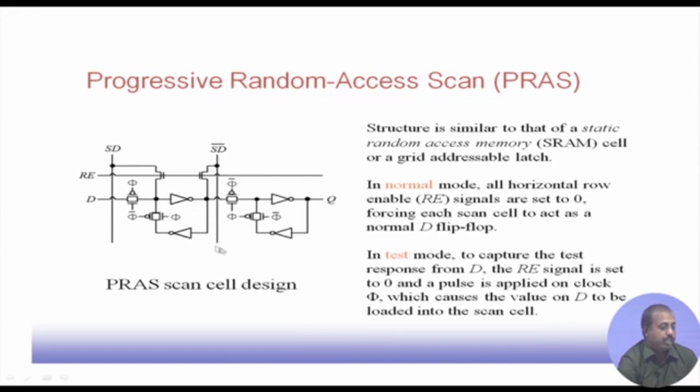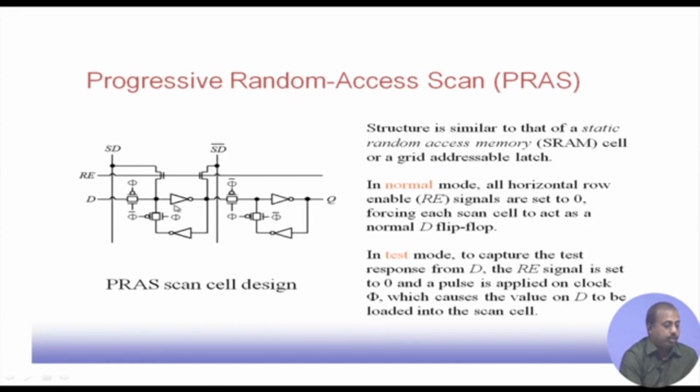But in the test mode, to capture the test response from D, this RE signal is set to 0 and a pulse is applied to the clock. As a result, the test pattern or test bit you want to store will come through this transmission gate and it will get latched onto these back to back inverters.